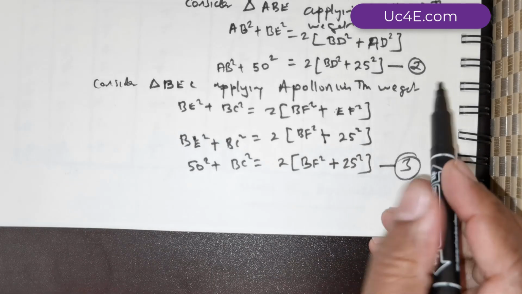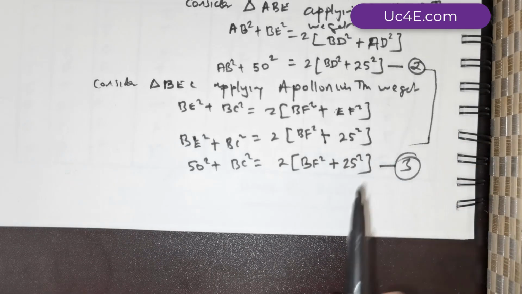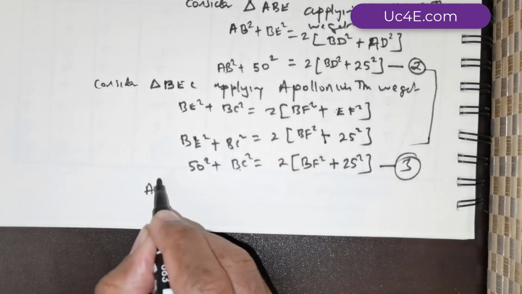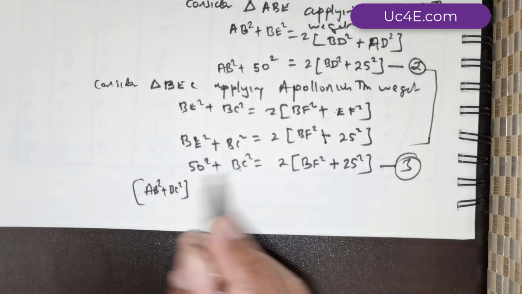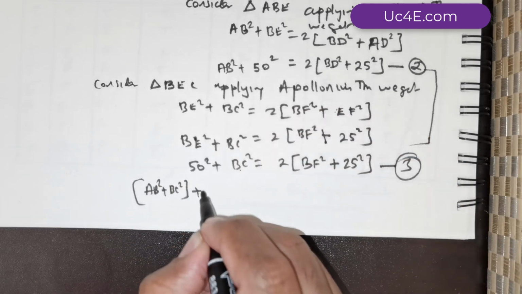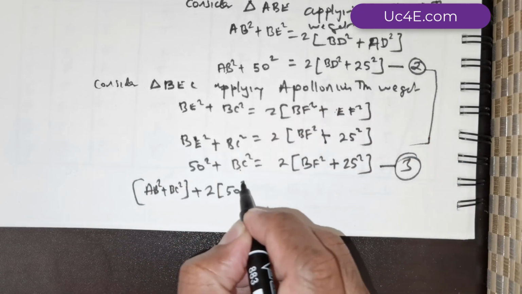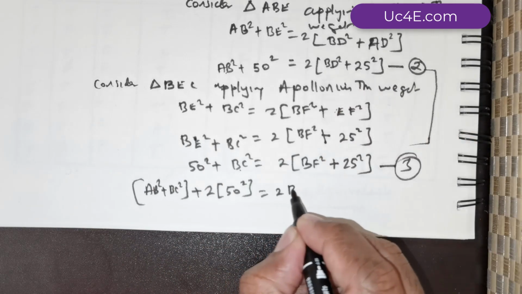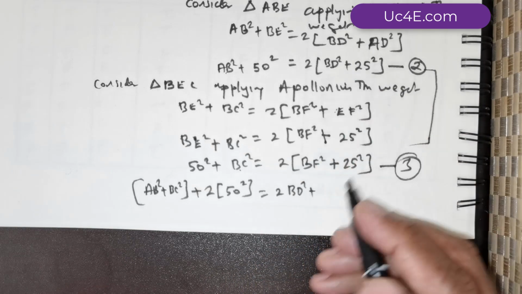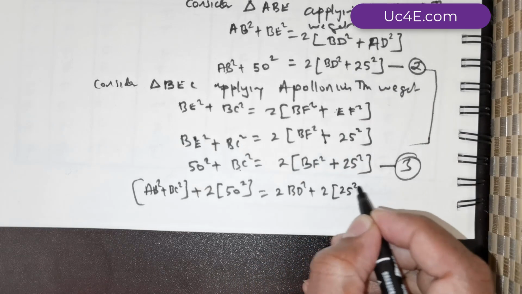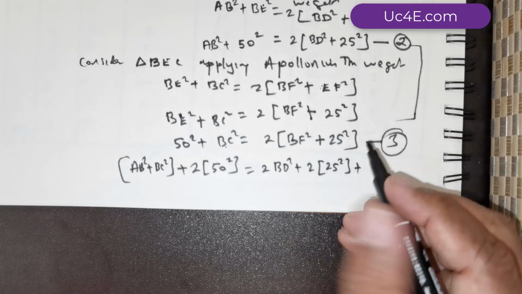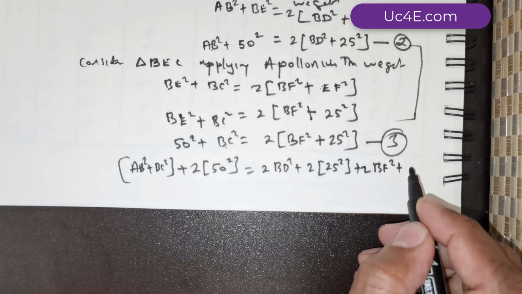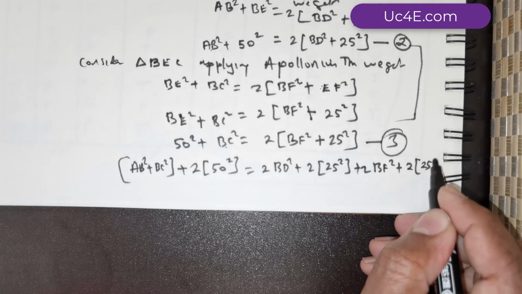Now what I wish to do is add 2 and 3, so let me do that. AB squared plus BC squared, 50 squared plus 50 squared, so it's going to be 2 times 50 squared is equal to 2 times BD squared plus 2 times 25 squared plus 2 times BF squared plus 2 times 25 squared.